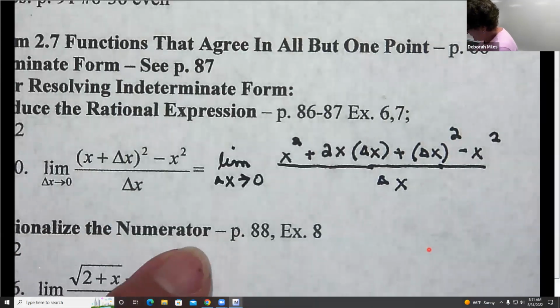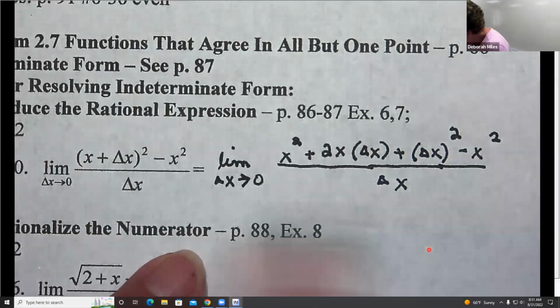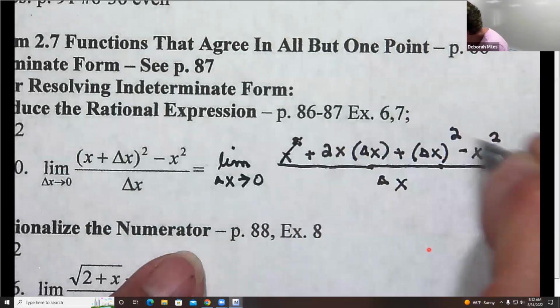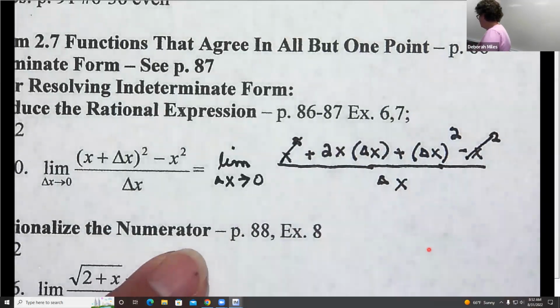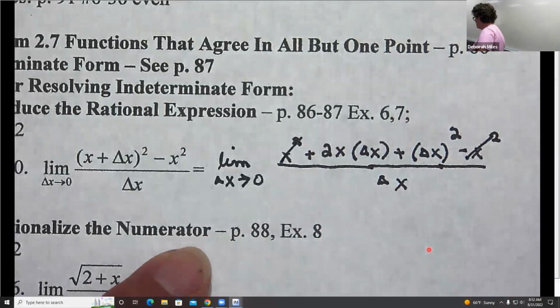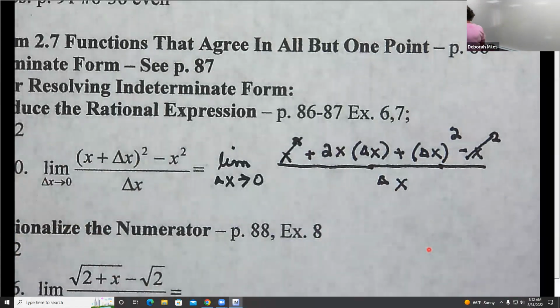And then I see some of that numerator gives me 0. The x squared minus x squared is 0. What can I do to the numerator now that I've canceled those x squares? What can I do to the numerator in order to be able to simplify that further? You can factor out delta x.